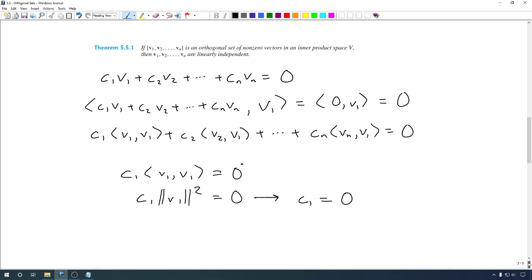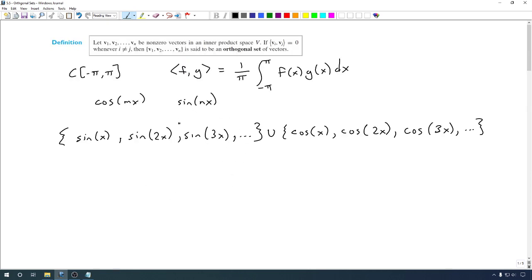Kind of an interesting consequence of that we can already see if we look back at our C from negative pi to pi. I mentioned that these function spaces, these collections of continuous functions on intervals, are not finite dimensional. And what we've basically done is found an infinite set of vectors that is linearly independent.